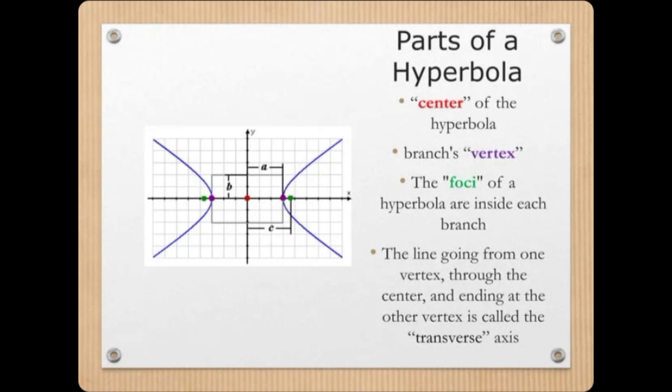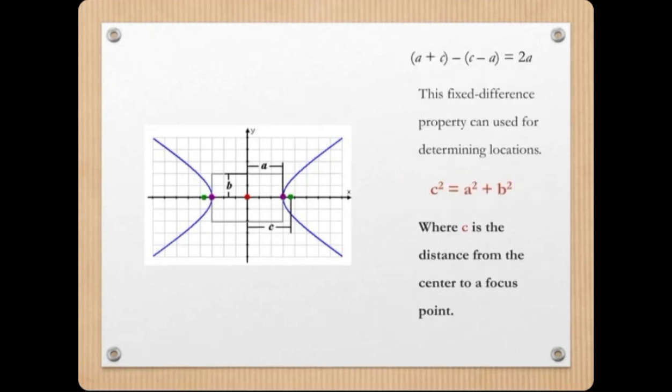So the line going from one vertex through the center and ending at the other vertex is called the transverse axis. So the quantity A plus C minus the quantity C minus A is equal to 2A.